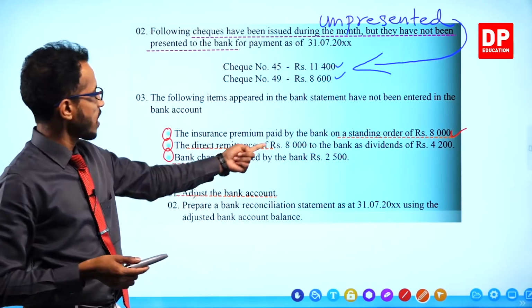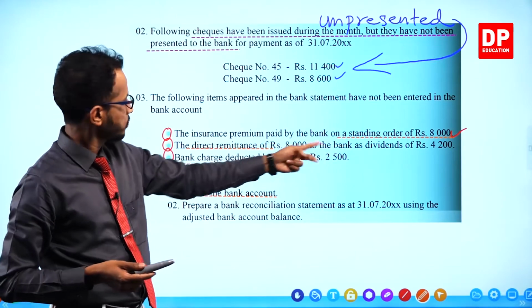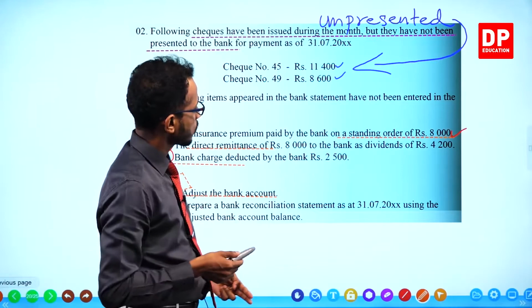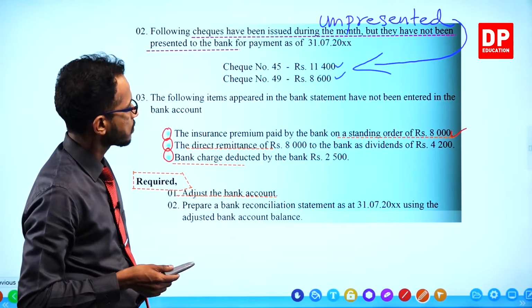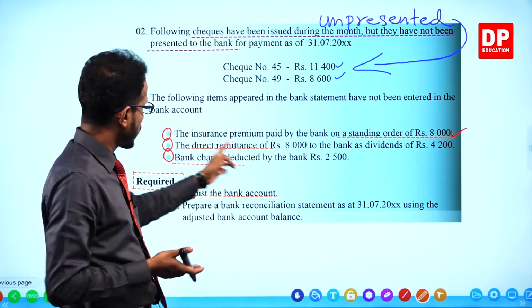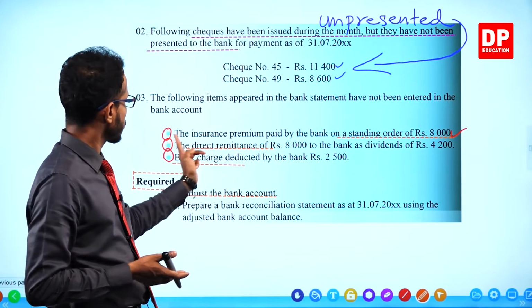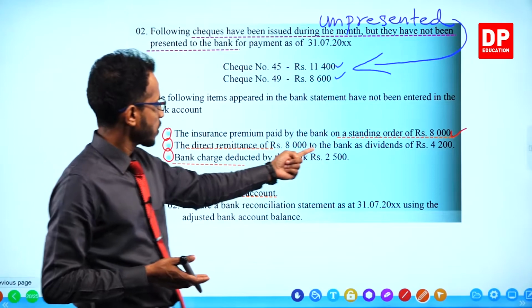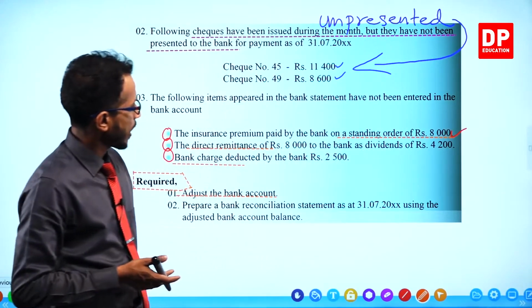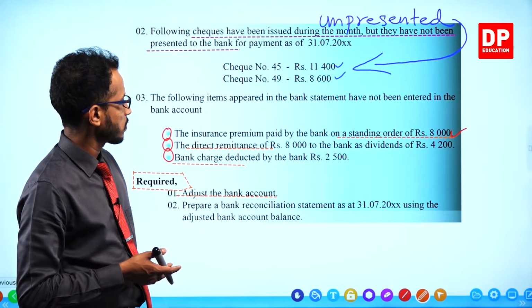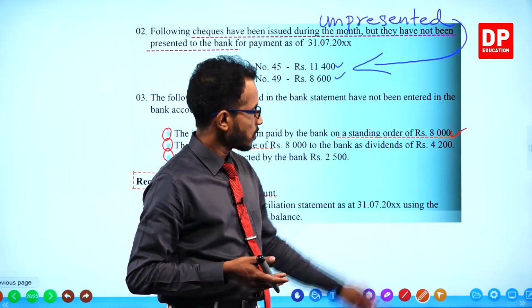Direct remittances, we have direct remittances of 8,000 to the bank, and as dividends of 4,200.